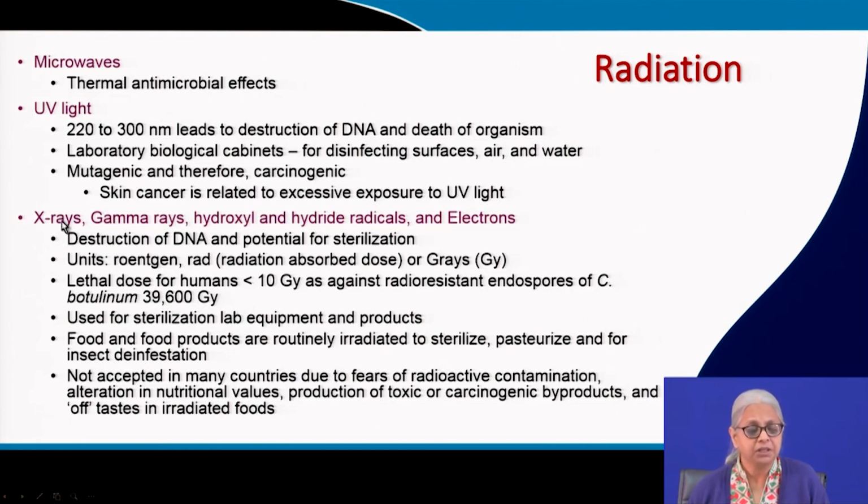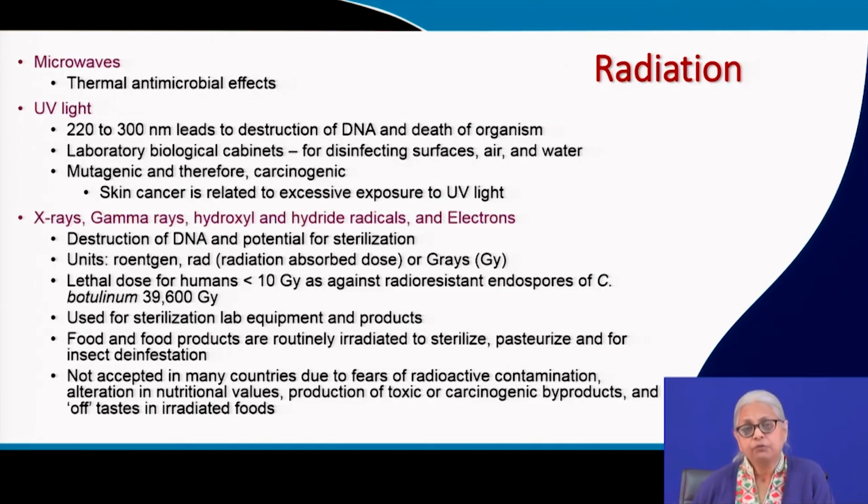So we have X-rays. The other forms of radiation are X-rays, gamma rays, hydroxyl and hydride radicals, and electrons. All of these types of radiation can result in the destruction of DNA and have some potential for sterilizing both food as well as other materials. The units are Roentgens, radiation absorbed dose, or grays.